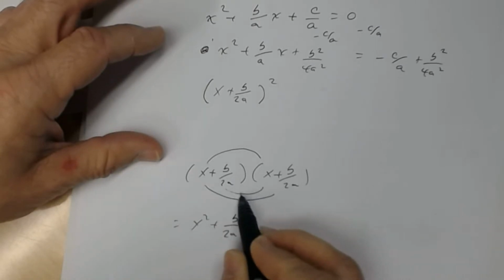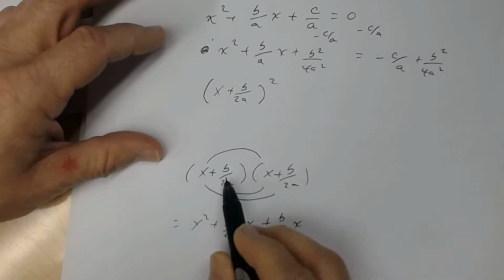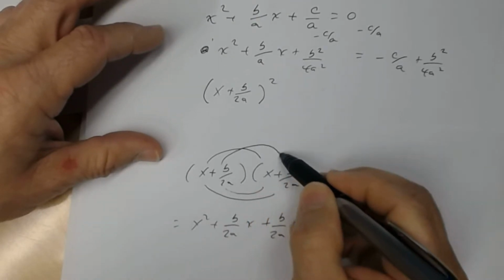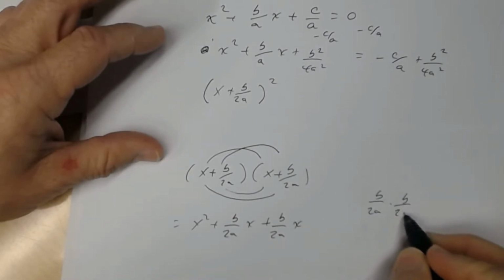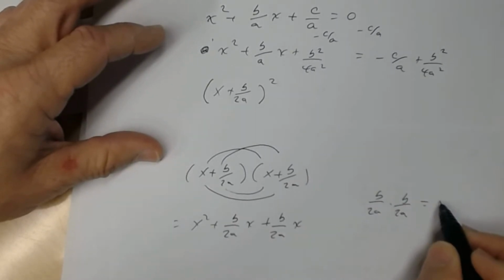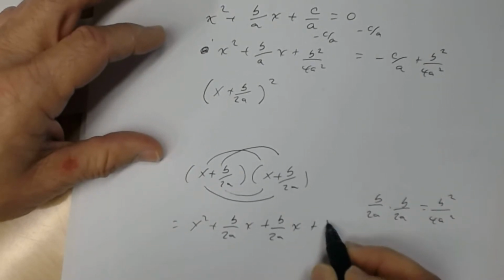Same thing here, they're identical, so b divided by 2a x. And then the last, b over 2a times itself: b times b is b squared, 2a times 2a is 4a squared. So plus b squared divided by 4a squared.